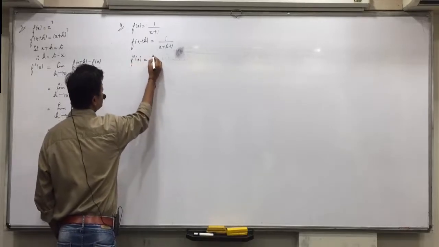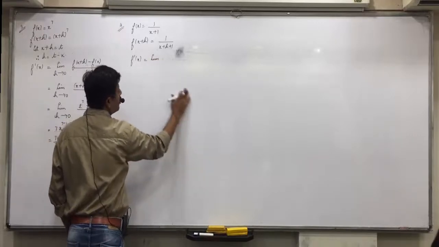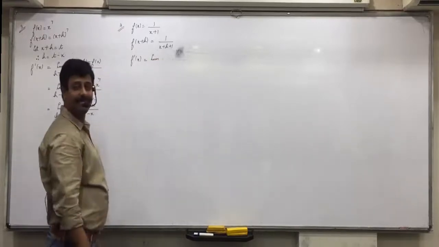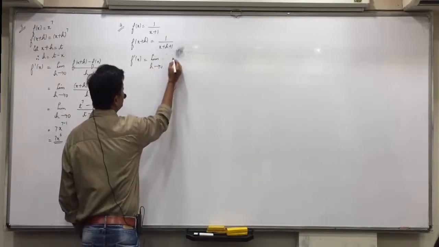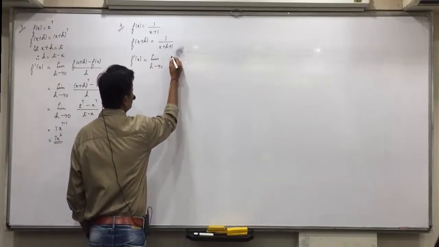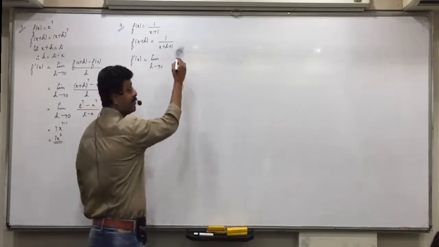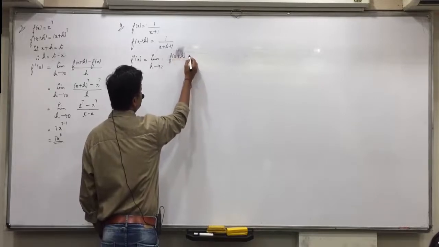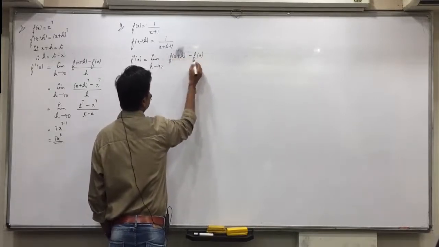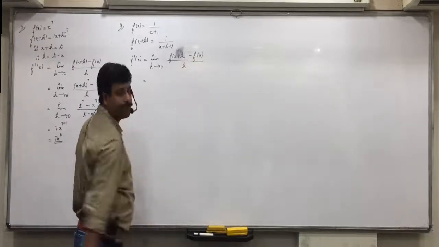f dash x is equal to limit h tends to 0, f(x+h) minus f(x) upon h. Silence everyone.